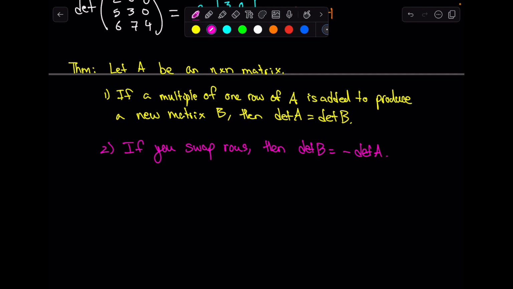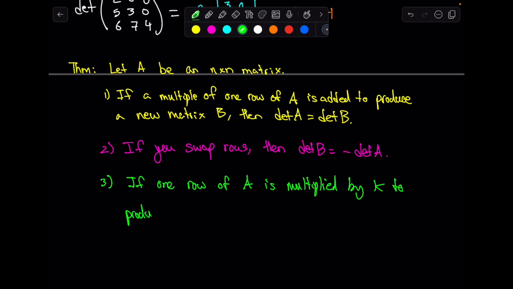And then for the last one, step 3, if one row of A is multiplied by K to produce B, then the determinant of B is going to be equal to K times the determinant of A.